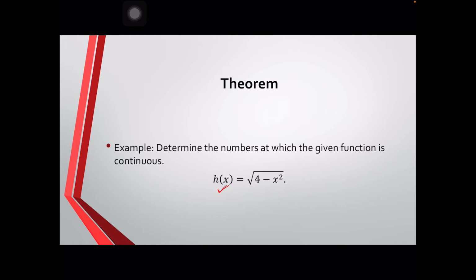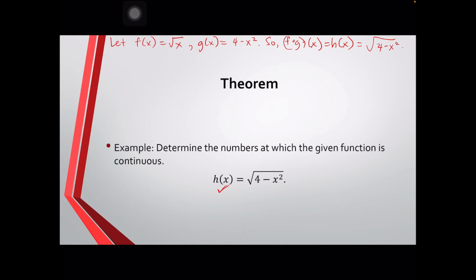We can actually let f of x be equal to square root of x and have another function, say g of x, be equal to 4 minus x squared, so that we'll have f of g at x, or that would be our h of x this time, to be square root of 4 minus x squared.